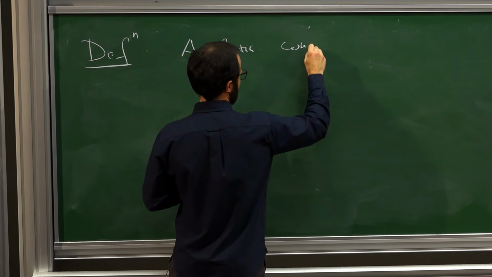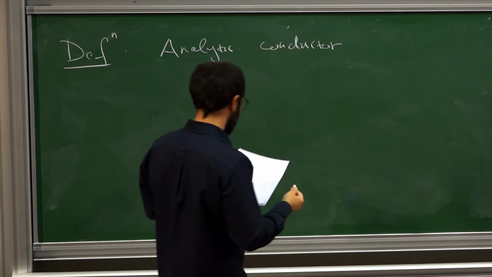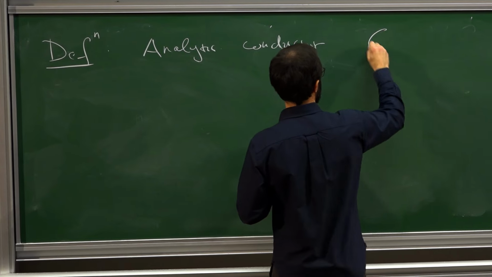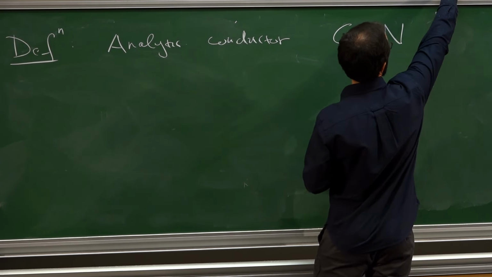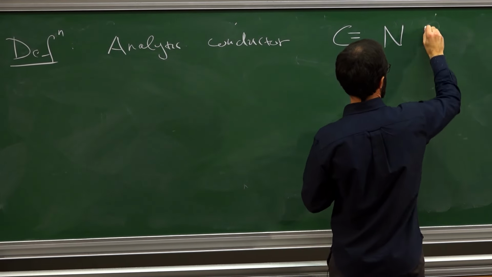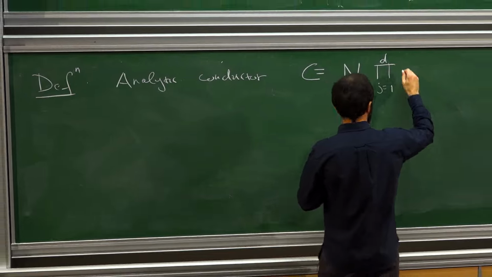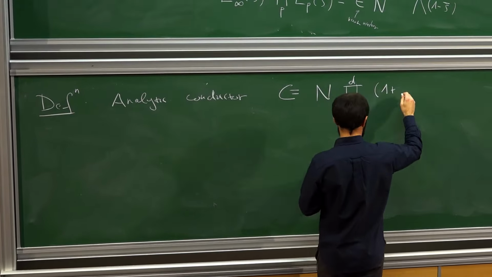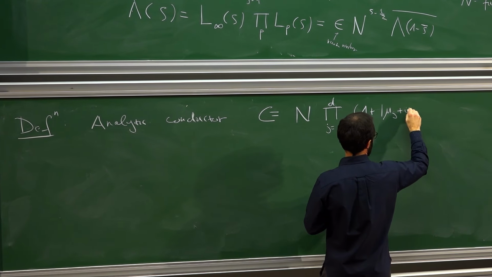One first defines a measure of the complexity of the L function, which is called the analytic conductor. It is the number n times a product of d things, 1 plus mu j plus it.